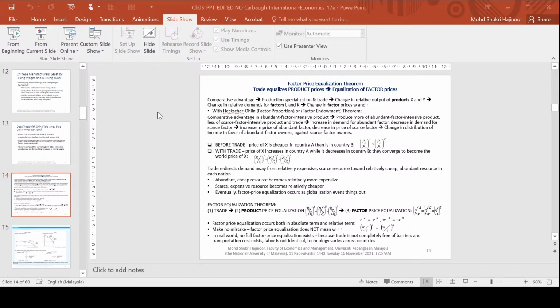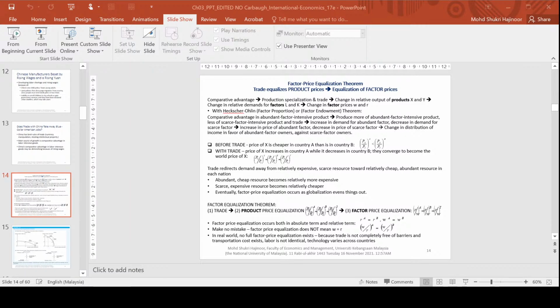So trade redirects demand away from relatively expensive, scarce resources toward relatively cheap, abundantly available resources in the country, whether capital or labor, in each nation. So the abundant or cheap resource becomes relatively more expensive.